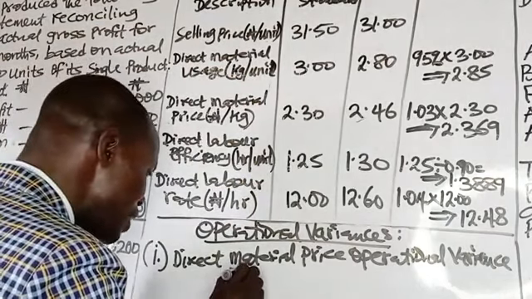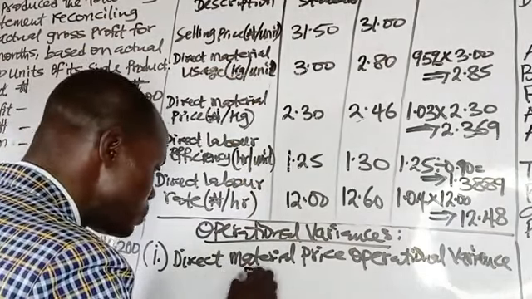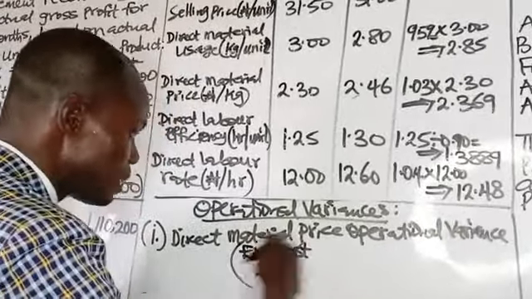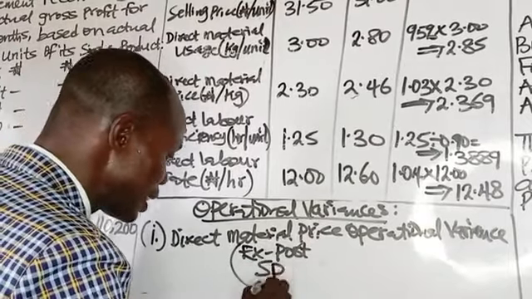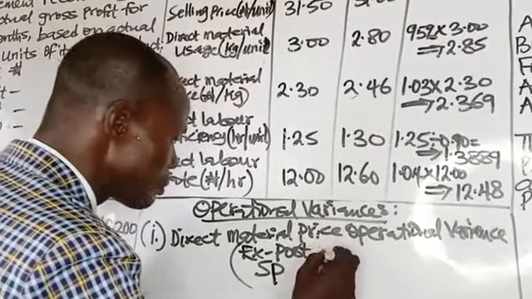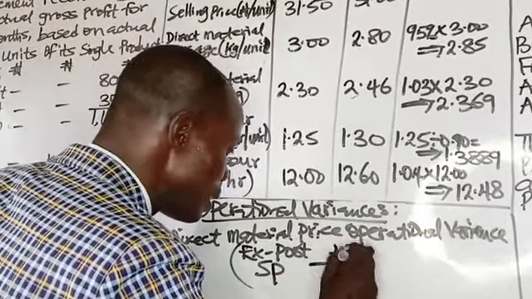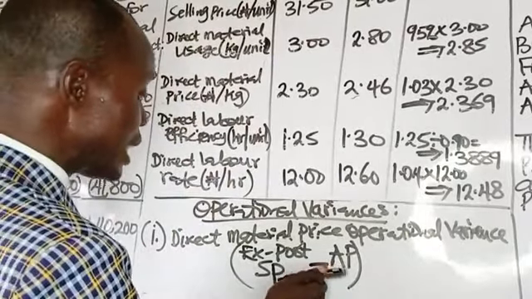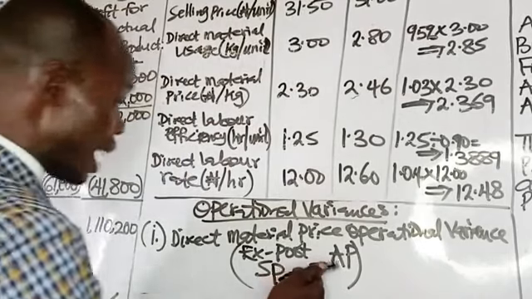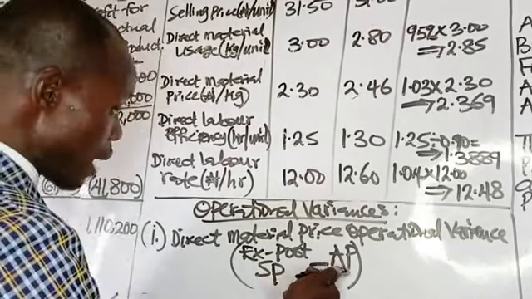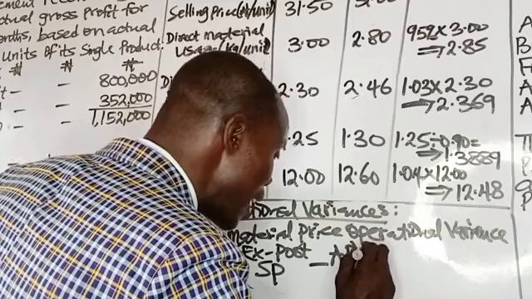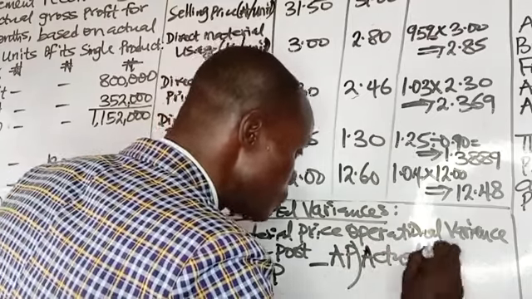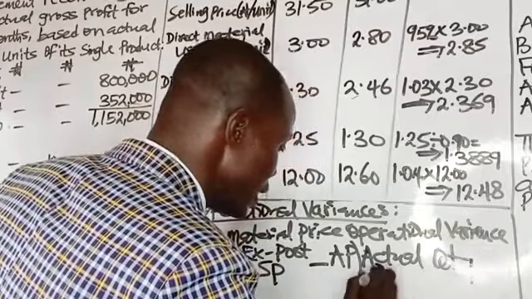Therefore, you have the exposed standard price, since it is price variance: exposed standard price minus actual price, multiplied by the weight. I've told you in price variance, what you have here determines the weight. Since it is actual here, you are going to have actual quantity purchased.